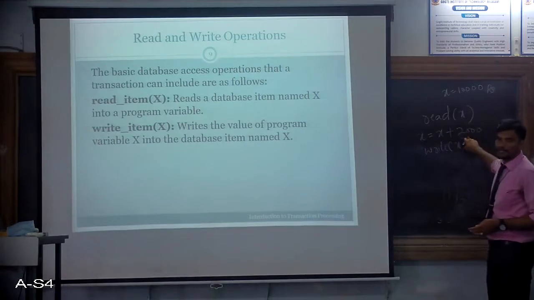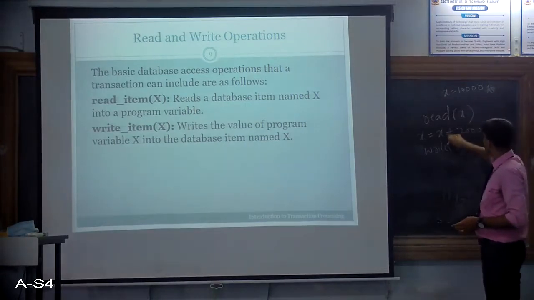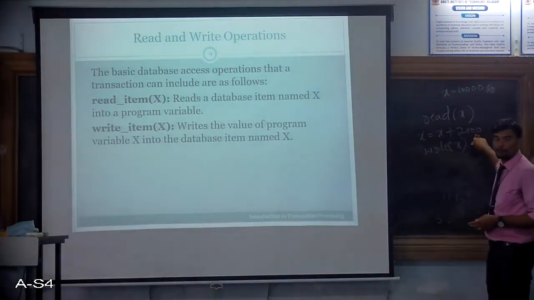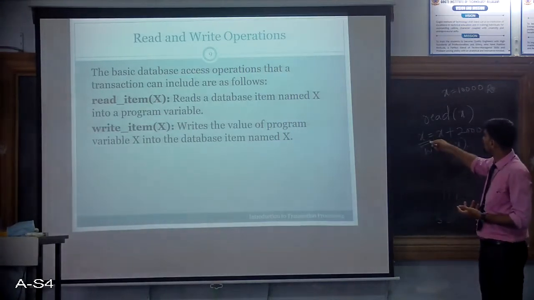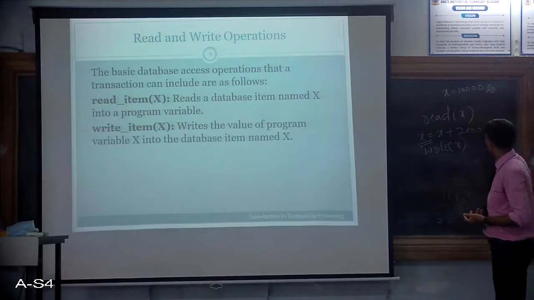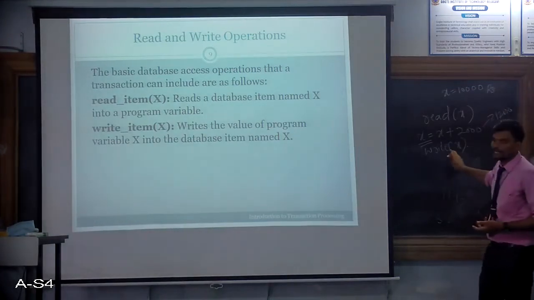Here you have updated the X value, then you write X. Initially it was 10,000. Now I have deposited 2,000 rupees again, so the total X value is 12,000, and that value has been written.